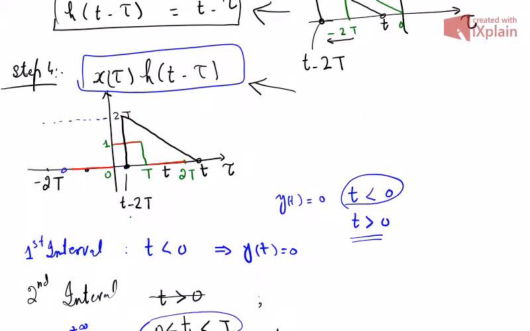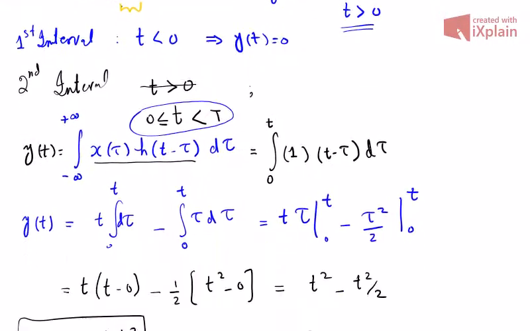And you can see the non-zero product for this range. The non-zero product is only this value. Let me change the marker. This product is h of t minus tau up to here and here. The product is available only in the range from t minus 2T up to t. For the rest of the time the product is 0 because one of the two signals is 0.